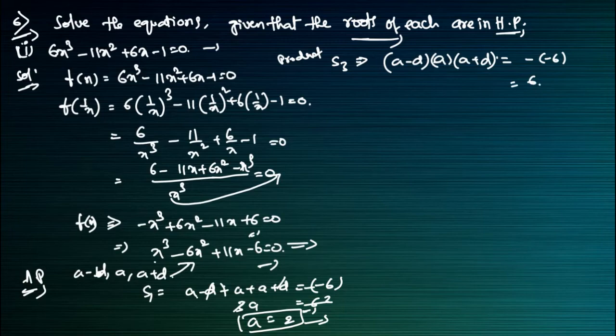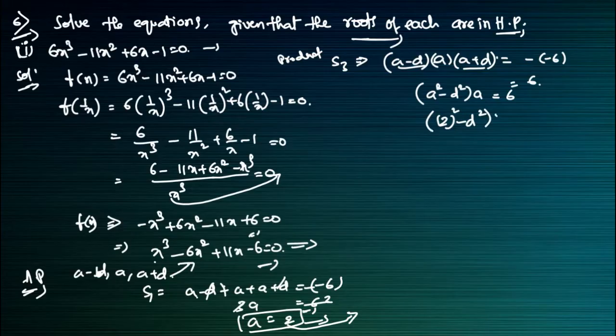So a plus d into a minus d is a square minus d square, into a. What is the a value here? 2. So if I substitute 2, it will become 2 square minus d square into 2 is equal to 6.